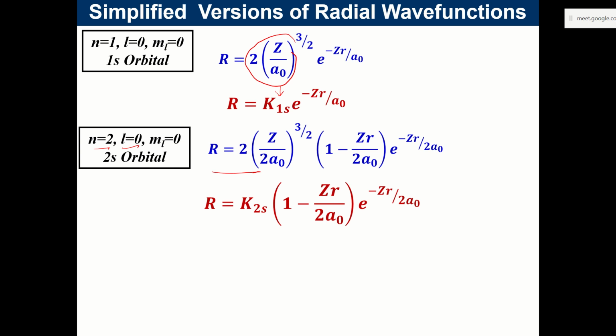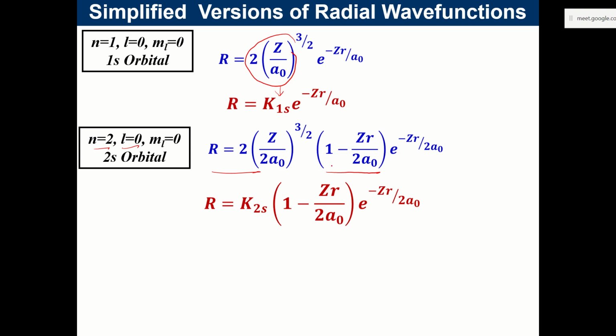In this case also you can clearly see that an s orbital starts with a maximum value when small r is 0, that is, at the nucleus. Then this function capital R, the radial wave function, has maximum value, that is, you have maximum amplitude at the nucleus.